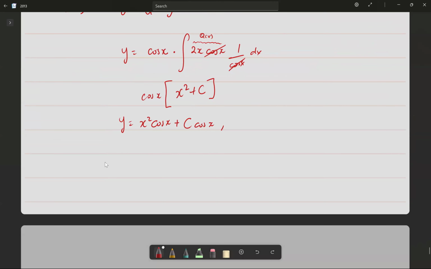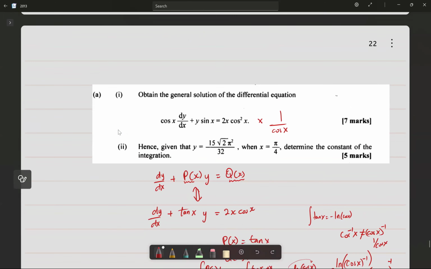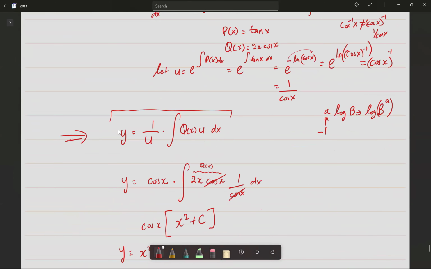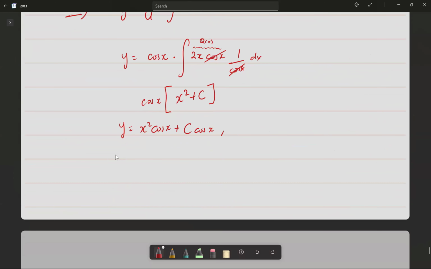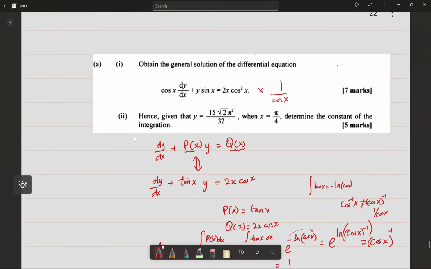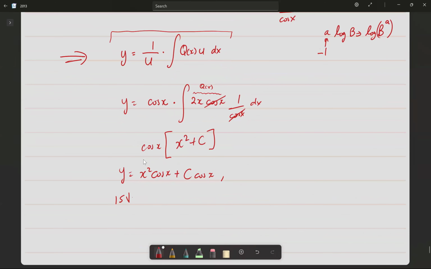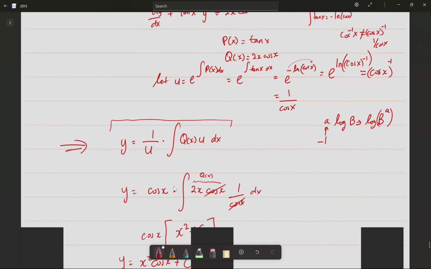Okay. So y is 15 square root 2 pi squared over 32, which is equal to pi over 4.